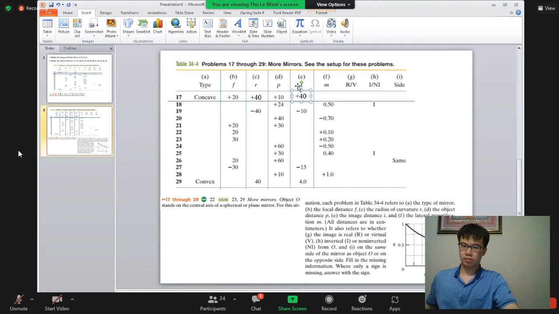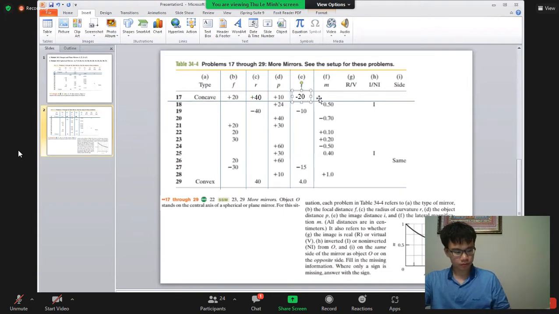Who can help me? Mai, could you help me fill it in? Minus 20. Minus 20 is correct.